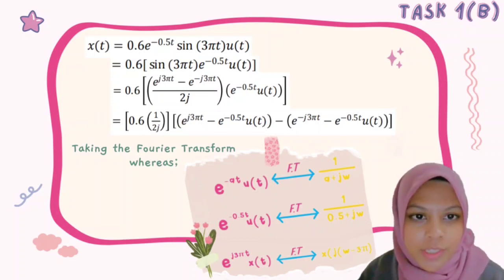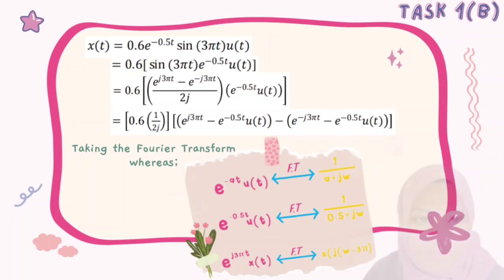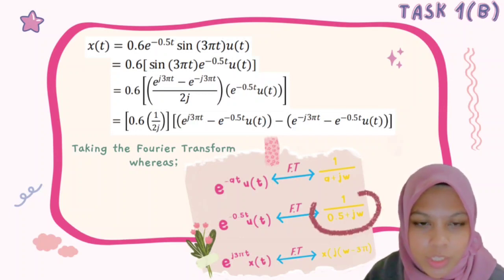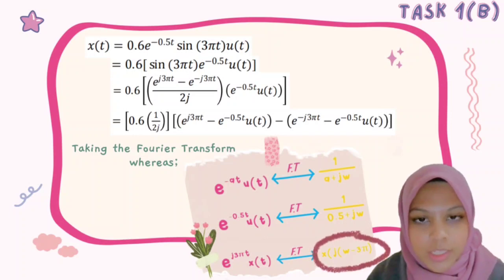Taking the Fourier transform, for exponent negative at u(t), we get 1 over a plus j omega. In this situation, our a is equal to 0.5, so we can just substitute it into that formula. Same as exponent j3 pi t x(t), we get X(j(omega minus 3 pi)).